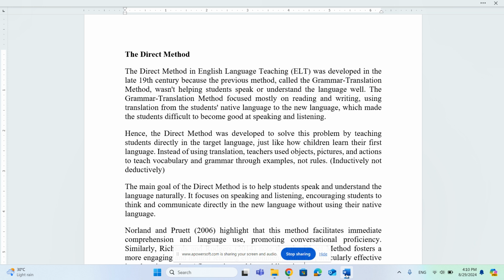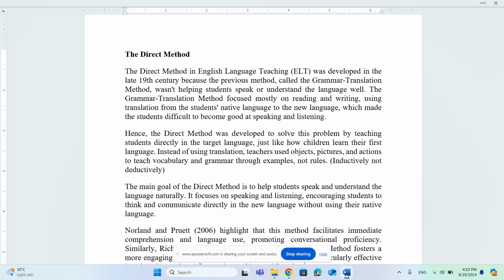Language learning means not only the learning of reading and writing. Language learning refers to the learning of all four skills, and this direct method especially focuses on developing the listening and speaking skills of the students, along with reading and writing.